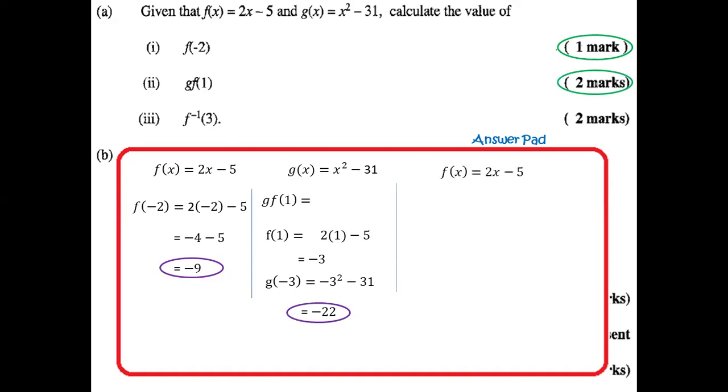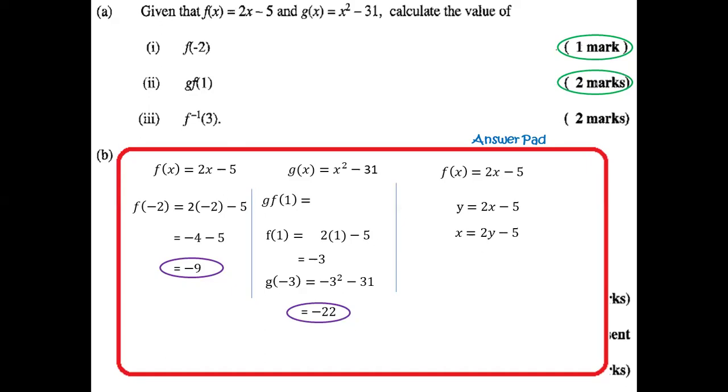And finally, it was 2 ways, right, that we did for finding the inverse and then plugging 3 into the x place there. All right, so let's go. Let's find the inverse, something that we need to practice. The first step was to let f of x be y. And then the second step was to interchange x and y. It's x equal to 2y minus 5.